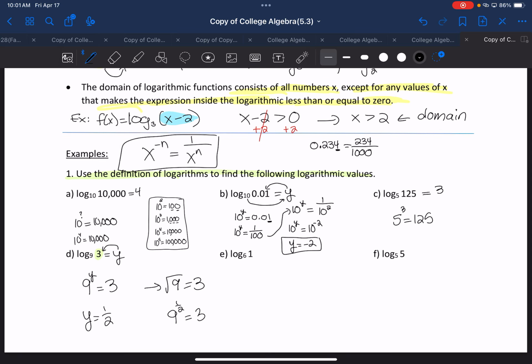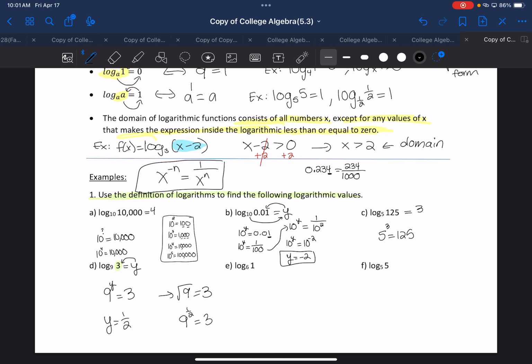So I'm going to rewrite it up here to remind you of that rule. If I have the nth root of x to the m power, this is equal to x to the m divided by n exponent. So you will be seeing that a lot in this section.